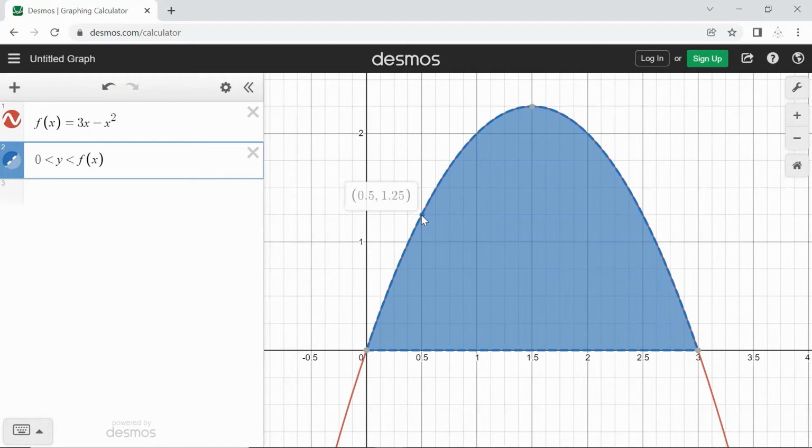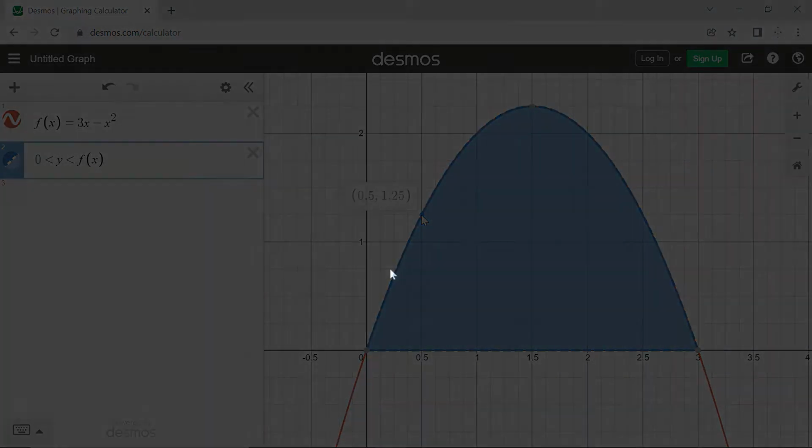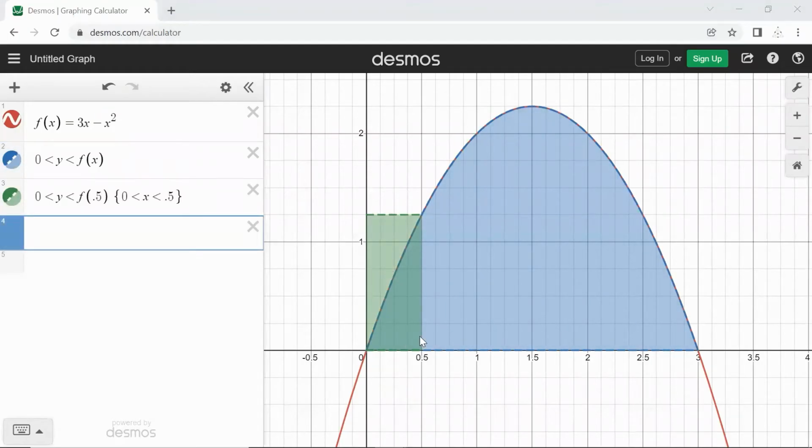If I do that, my rectangle is going to look like the following. What I have done is created a rectangle whose height is the same as the function value at 0.5 and whose width goes from 0 to 0.5. Obviously, this rectangle is an overestimate of the area underneath the curve in that region.